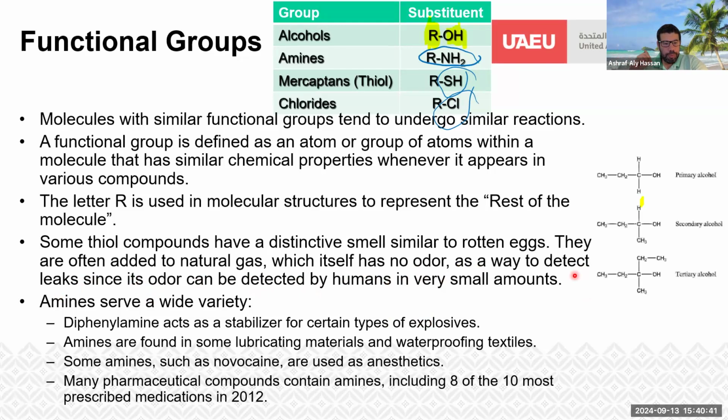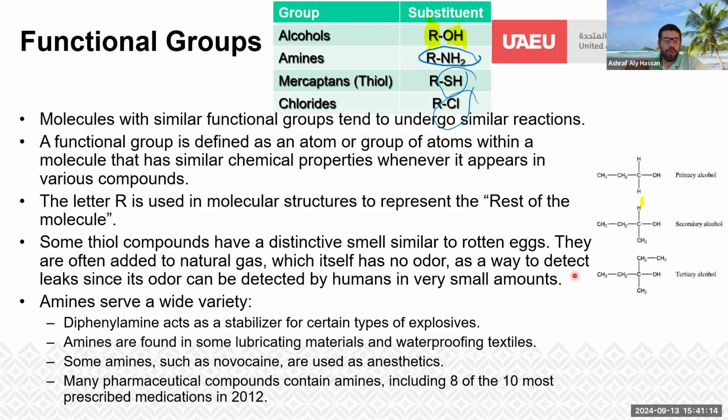So providers, like the distribution company, if they distribute natural gas, will add thiols, mercaptans, into the natural gas at a very, very low concentration. Why? Because this has a smell. So that if you do have a leak, you will smell the thiol and you think it's natural gas. So people actually mistake the smell of thiols for the smell of natural gas.